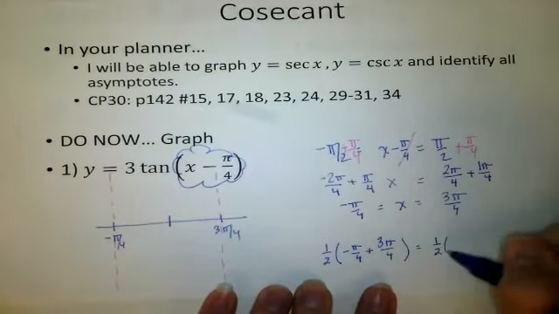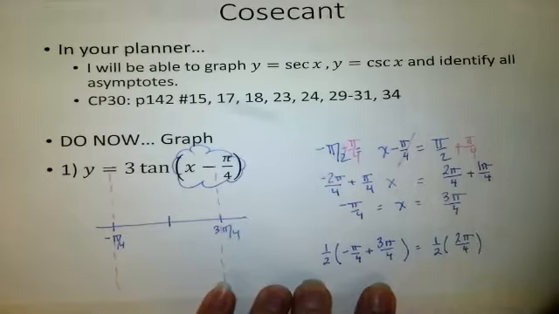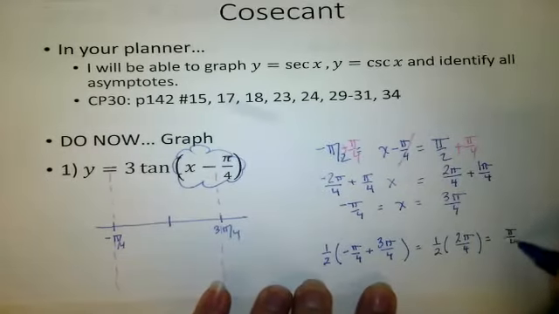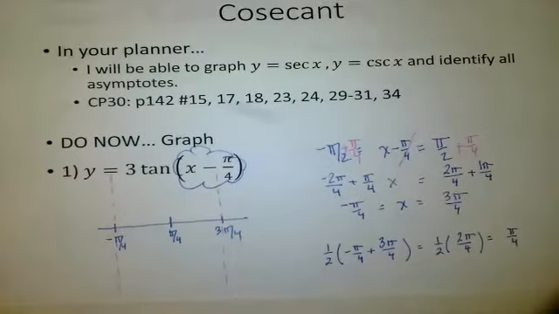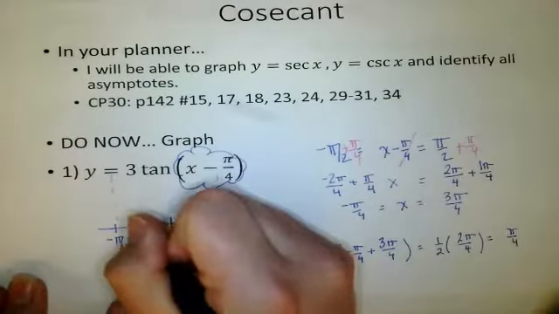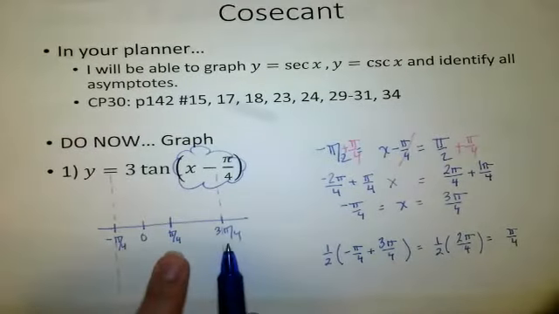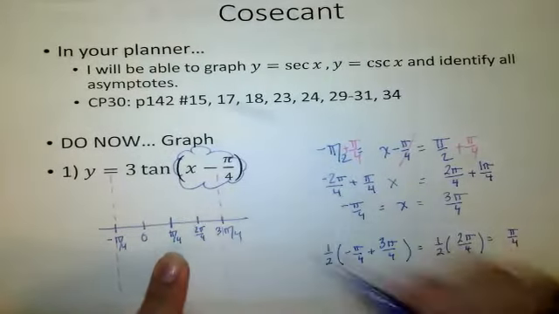So half of 2 pi's over 4, which would be pi over 4. What's halfway between negative pi over 4 and pi over 4? 0. Okay. What's halfway between 1 pi over 4 and 3 pi over 4? 2 pi over 4. Yeah, that makes sense.